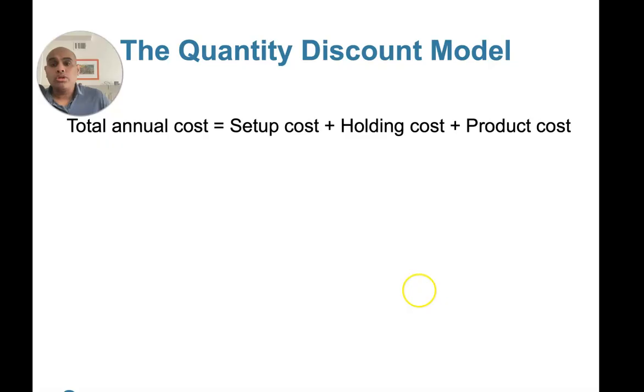Okay, so the total cost, remember, is not just the setup and holding cost, but you're also going to include the product cost itself. And this is the formula. Now, one thing you'll notice is that in the old holding cost formula, we would write Q over 2 times capital H, where capital H is the holding cost per unit per year.